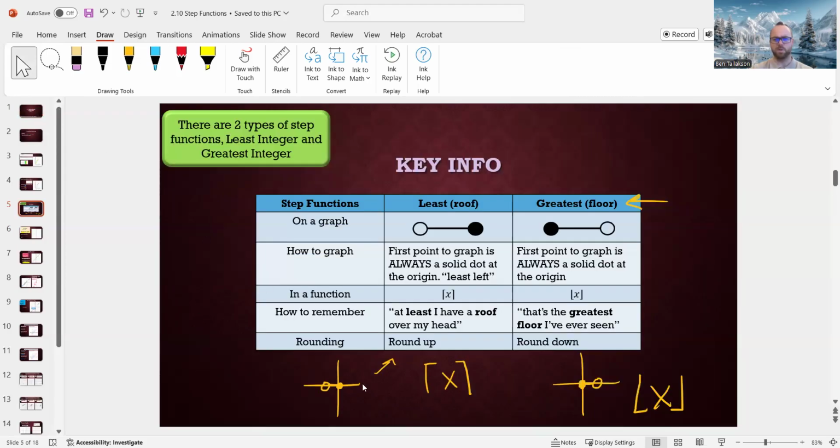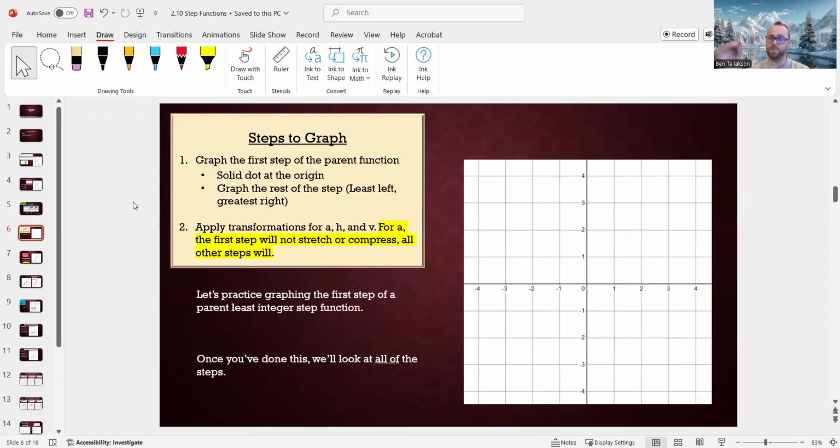And just to be clear, when I talk about these graphs, when I say the first point you graph is the solid dot at the origin, I'm talking about the parent function, okay? And with this type of function, it is probably a good idea to start by graphing the parent function, just the first line segment, so you can apply those transformations properly.